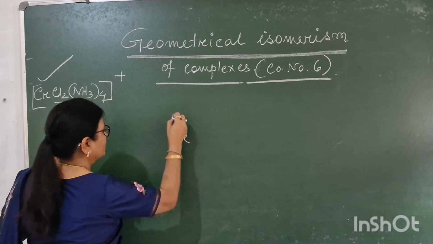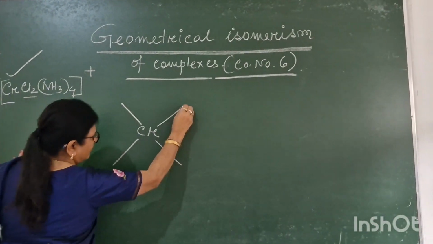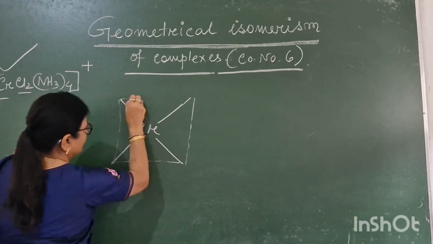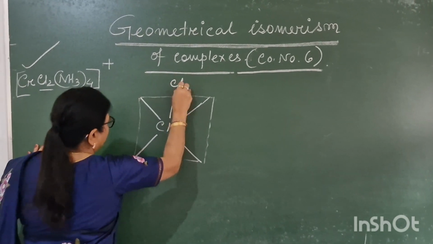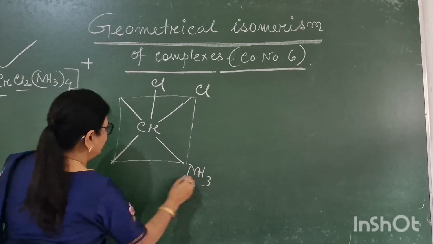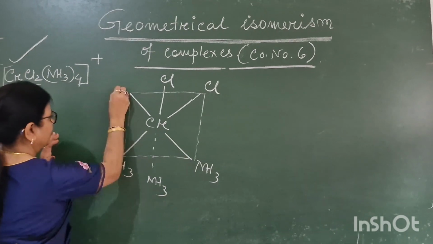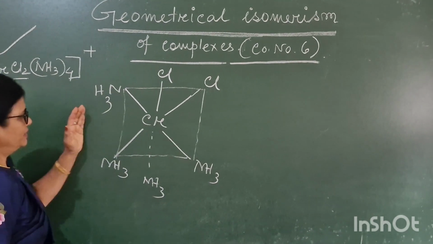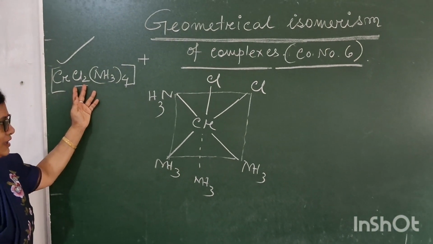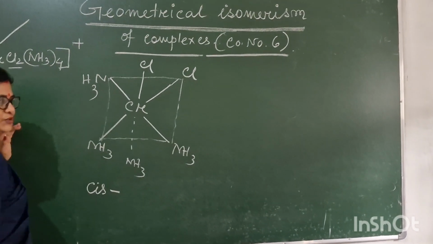This is the central atom. Suppose this is chlorido, these are the 4 amine ligands. You see the position of the chlorido ligands. When these are adjacent to each other, this will be the cis isomer.